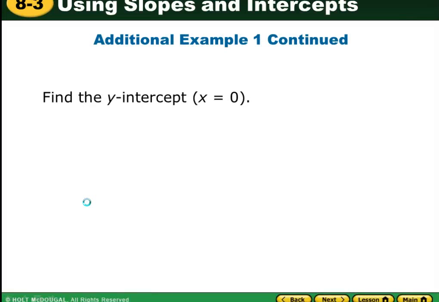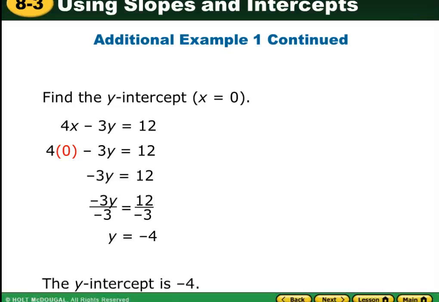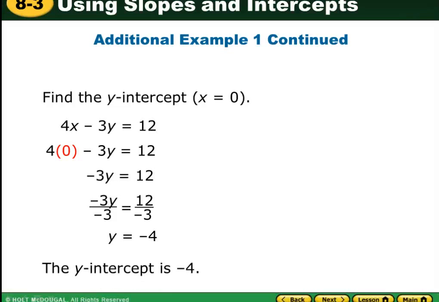To find the y-intercept, we are just going to replace x with 0. In this case, 4 times 0 is 0, so I'm going to be left with negative 3y is equal to 12, and we'll divide both sides by negative 3, and y will be negative 4. So that means the y-intercept is negative 4.